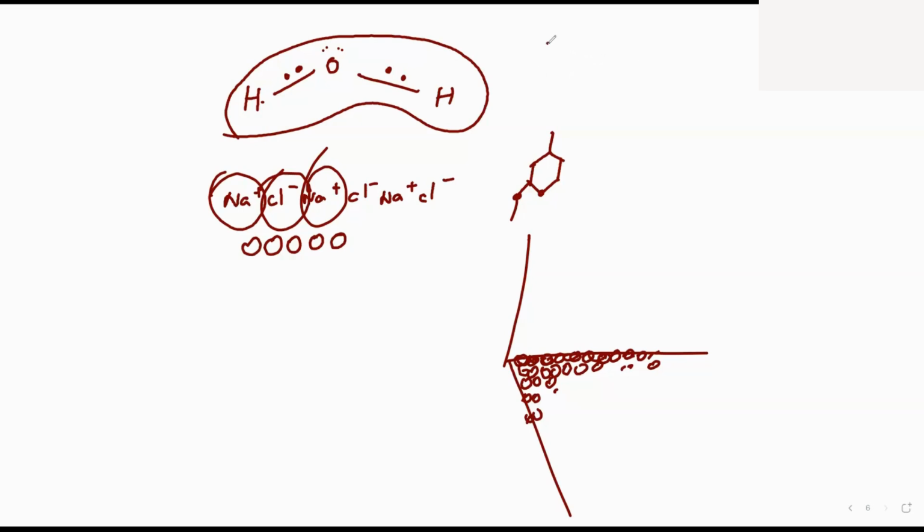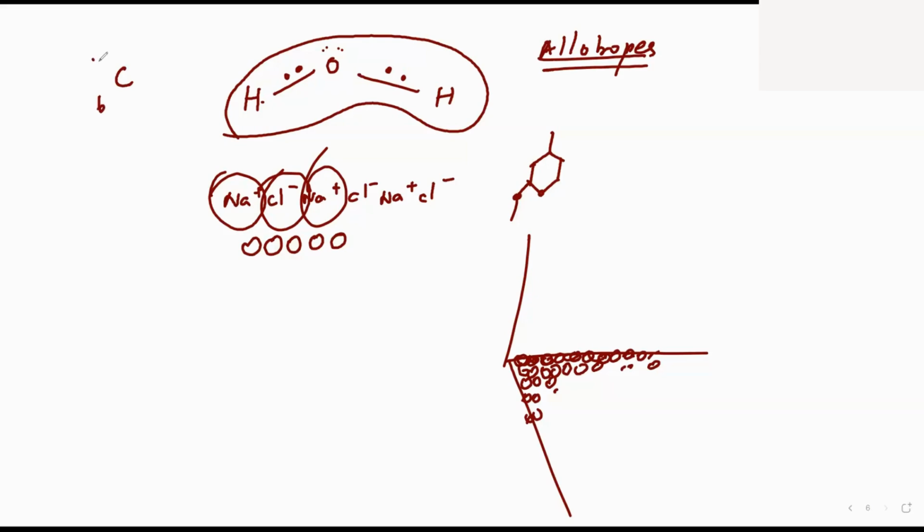What's an allotrope? Allotropes are different forms of an element. Is it like carbon 12? No, that's an isotope.